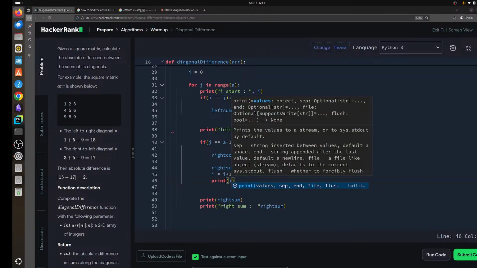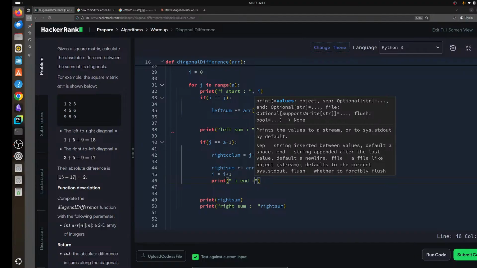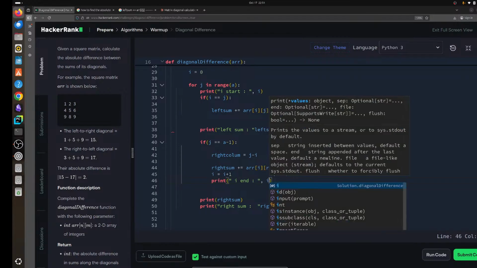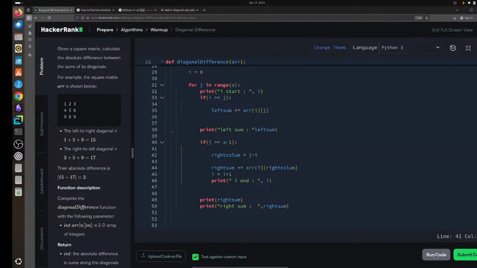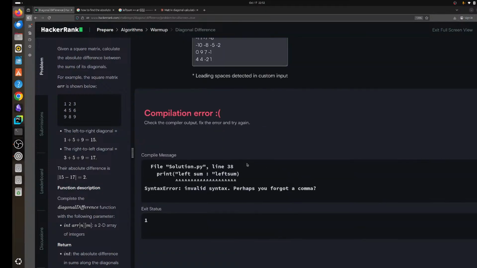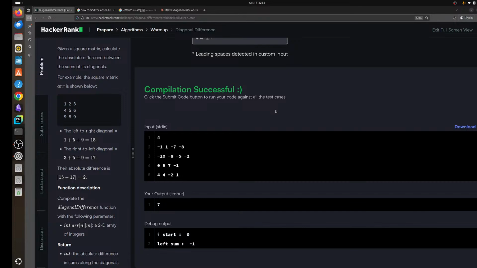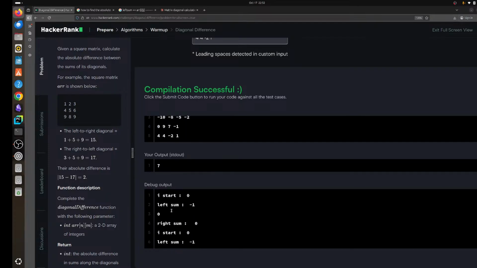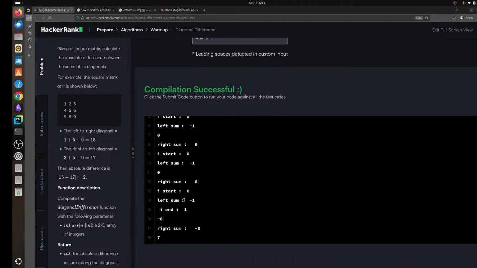Print I. I start 0, left sum -1, right sum 0. Obviously, it will not execute till then. Okay, fine.